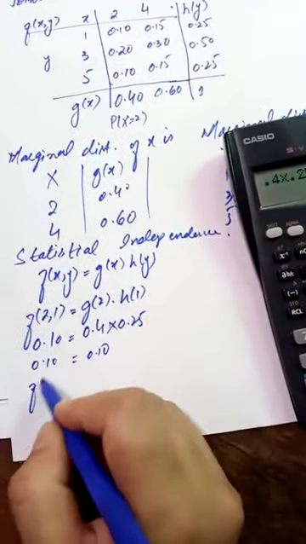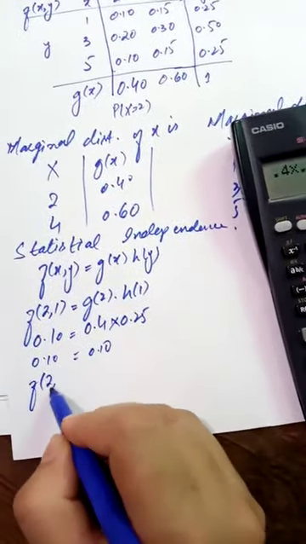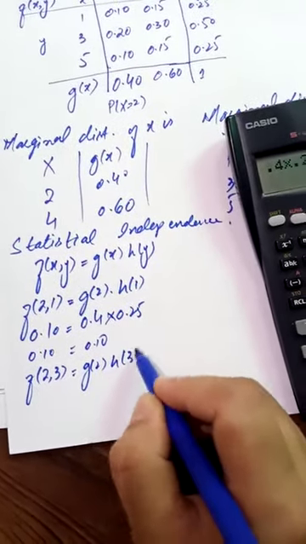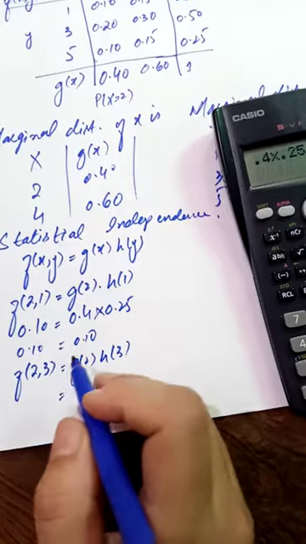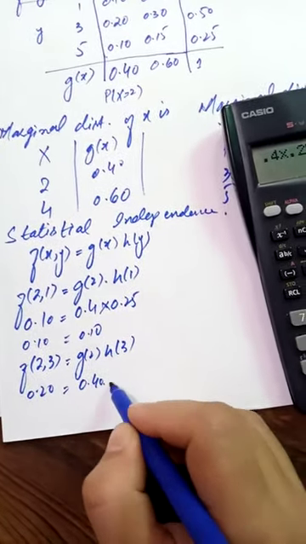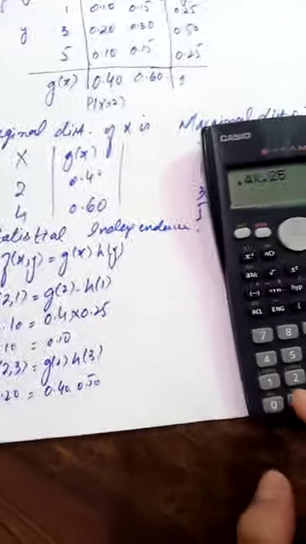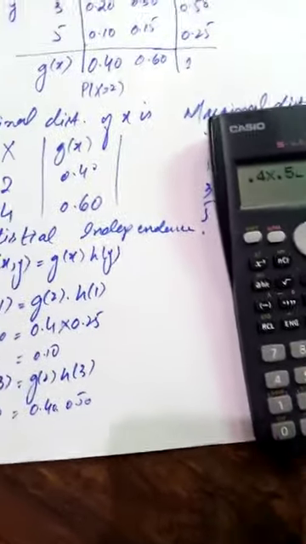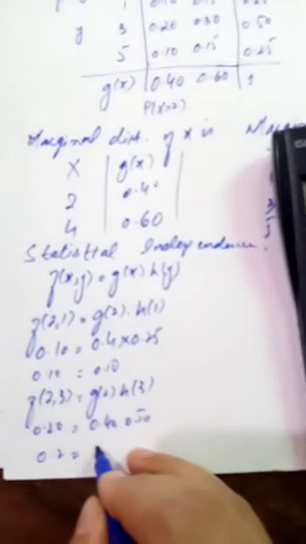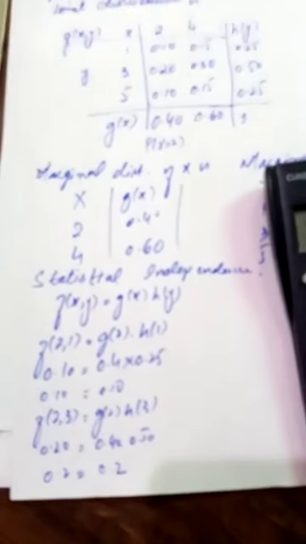Let's check for the second pair, f of 2, 3. It should be equal to g of 2 into h of 3, and it is 0.20 here, and here we have 0.40 into 0.50. Let's multiply 0.4 into 0.5. So this also satisfies the condition for independence.